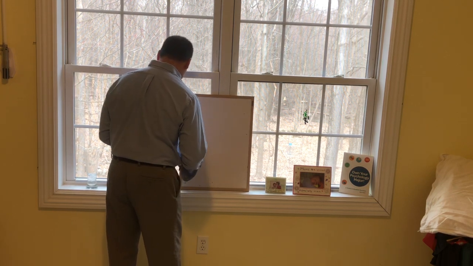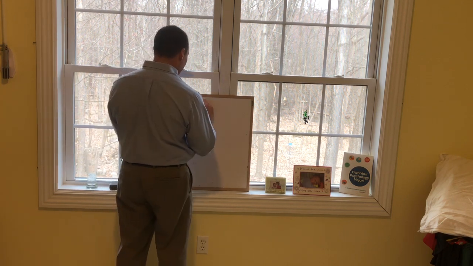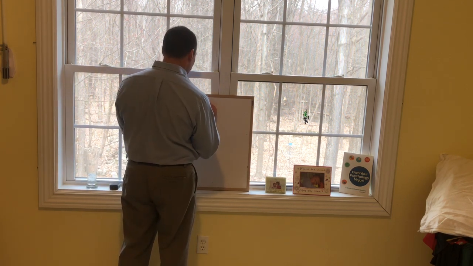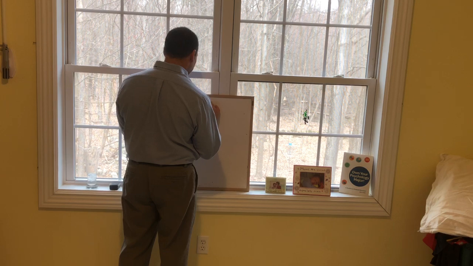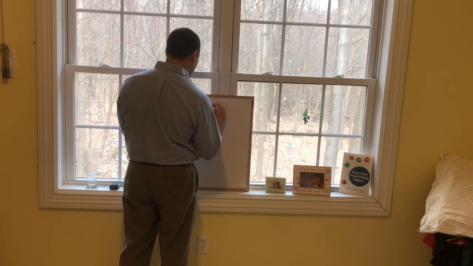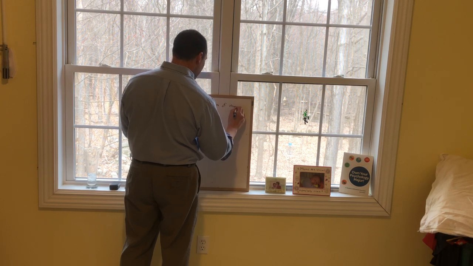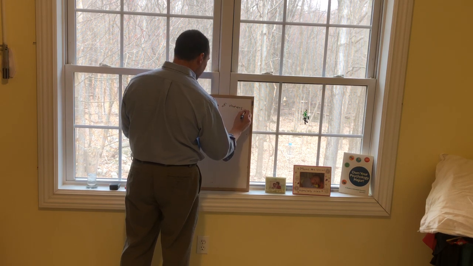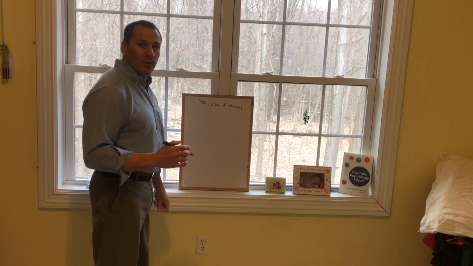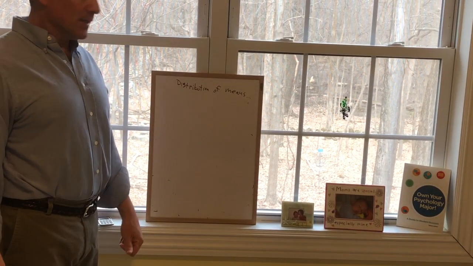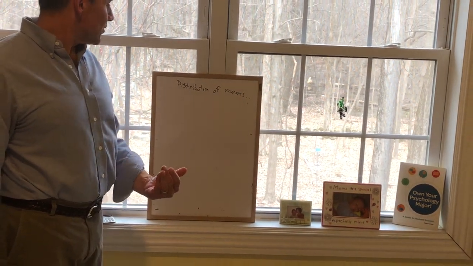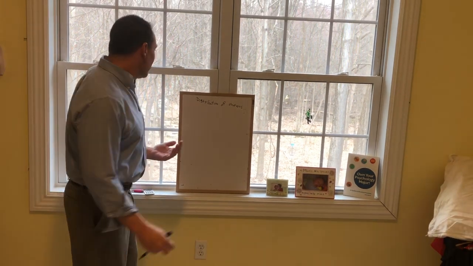The main thing is that we're now going to be dealing with what's called a distribution of means. Okay, a distribution of means. I'll explain this in a bunch of different ways.